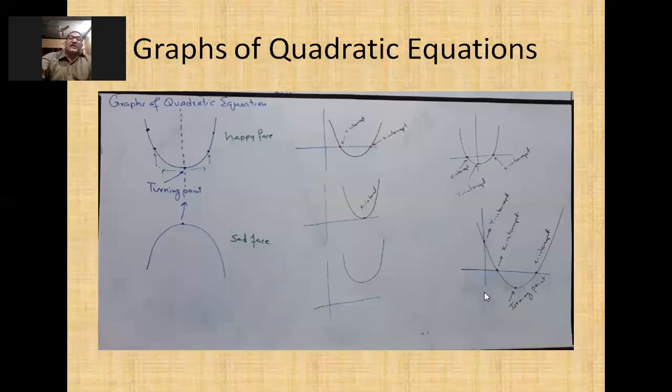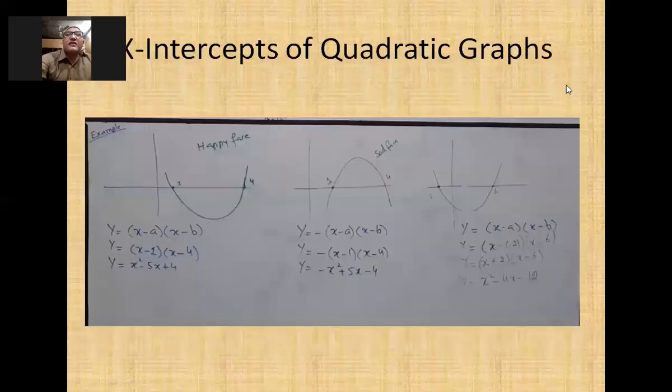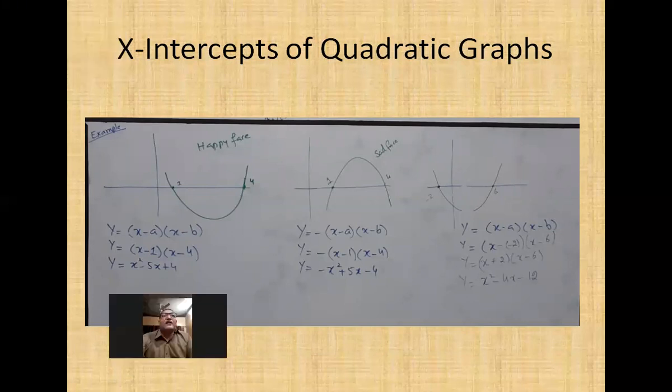Let me go to the next slide, and here we go. In this diagram, this is an example where we have shown a happy face. We know that the graph has x-intercepts at (1, 0) and at (4, 0).